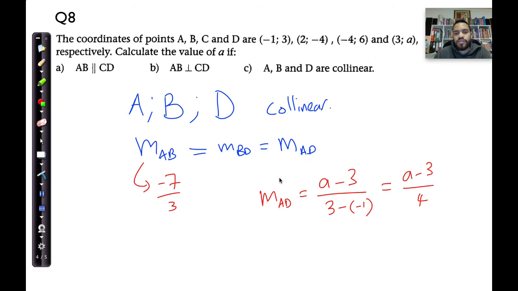Now you know that if they are collinear, this must hold up. I must have minus 7 over 3. So let me do that. Minus 7 over 3 is equated to A minus 3 over 4.